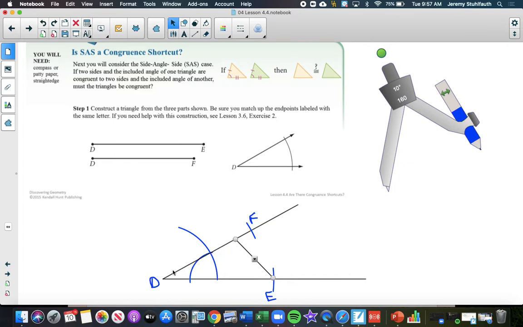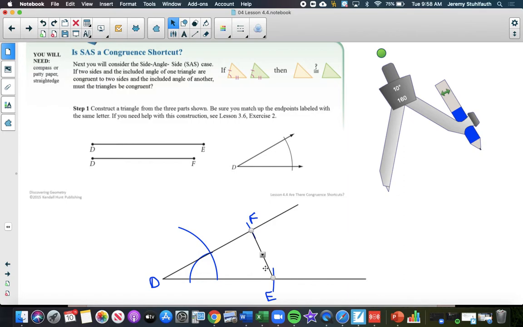So the only way that you can have a triangle with a side DF, a side DE, and an angle D be congruent is if you have this side be this exact length. As soon as you start changing the length of FE, you start changing the length of DF or DE, and that is not allowed.